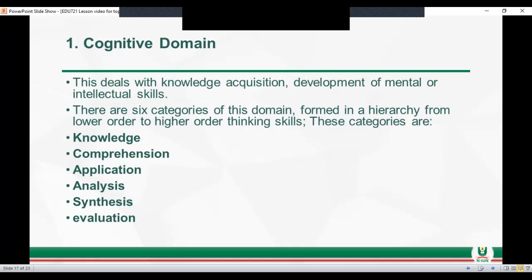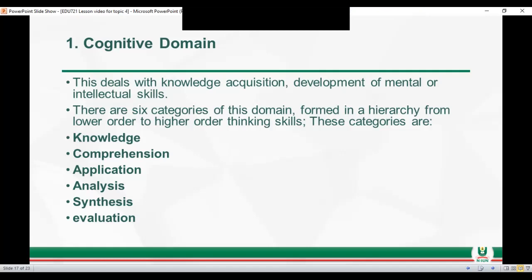So for application, at this level, you, the teacher, are expecting the learners to be able to apply the knowledge they have gained into new tasks. The students are expected to apply what they have learned in a new situation. And then the verbs that are used to describe this category include changing, operate. The student should be able to operate maybe something.